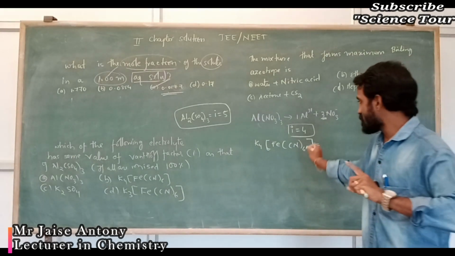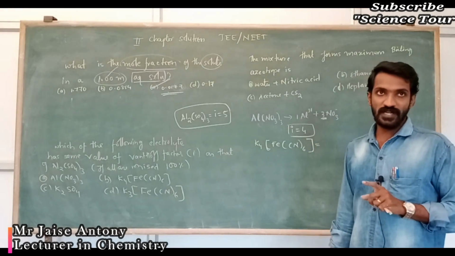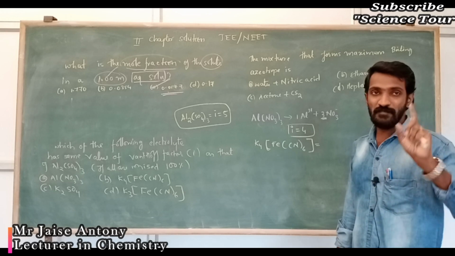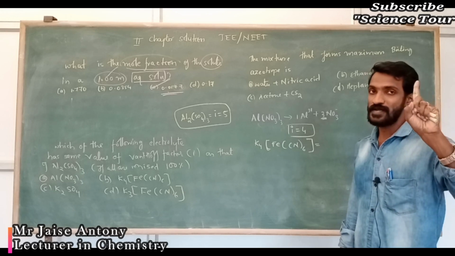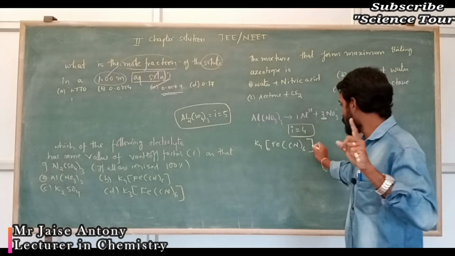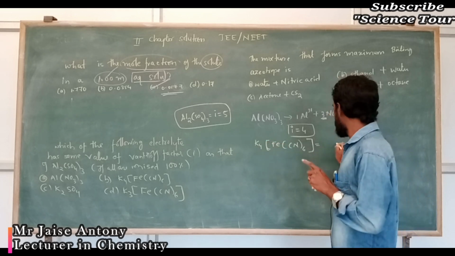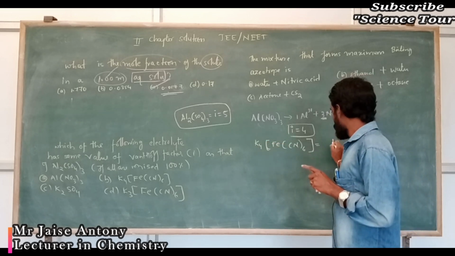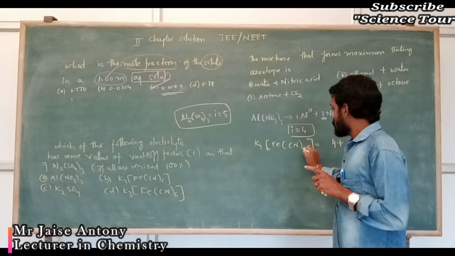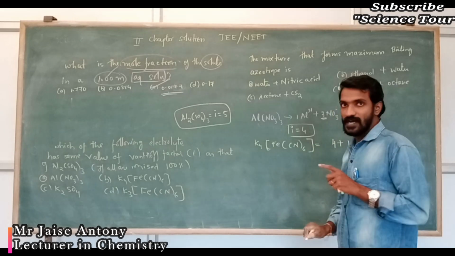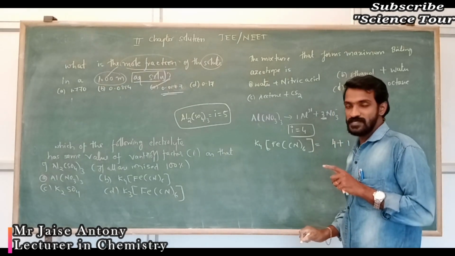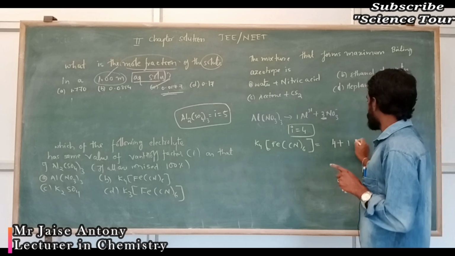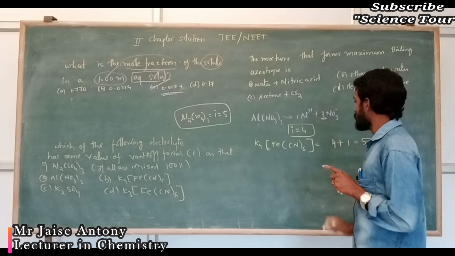Remember, that will be considered as 1 ion. Here how many potassium is there? Potassium is 4 plus 1 ion, total i factor is 5.